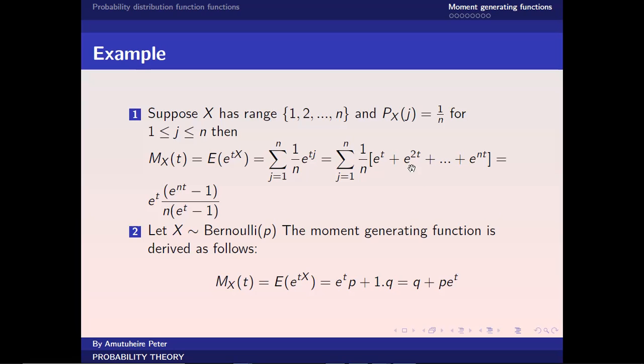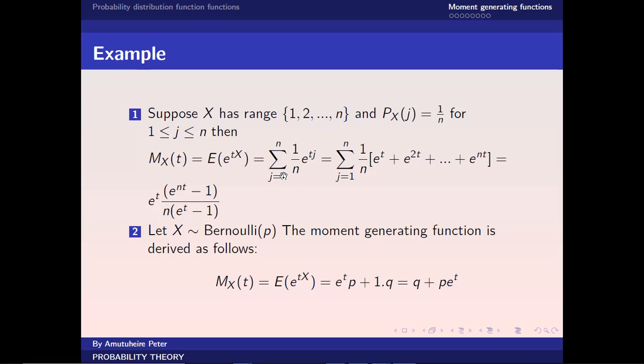Because you're saying j is between 1 and n, but in this cell I only see t up to n. You see, we are summing from j equal to 1 up to n. Have you seen that? Yes.